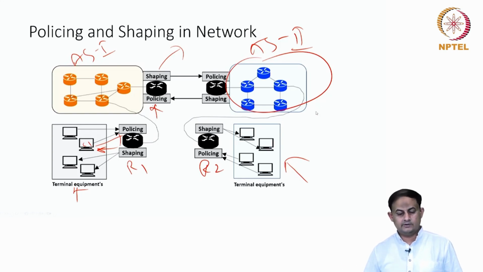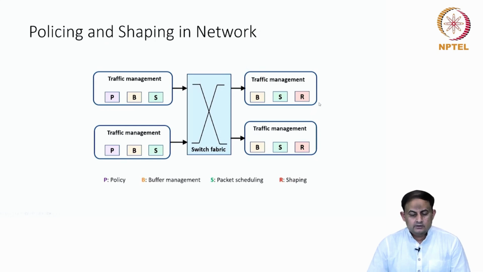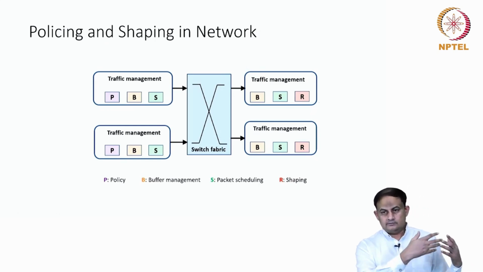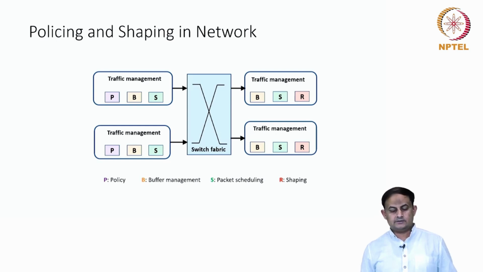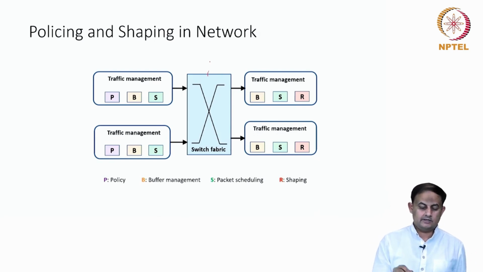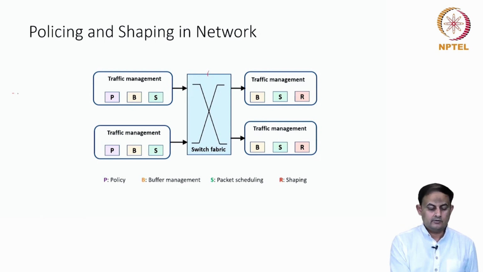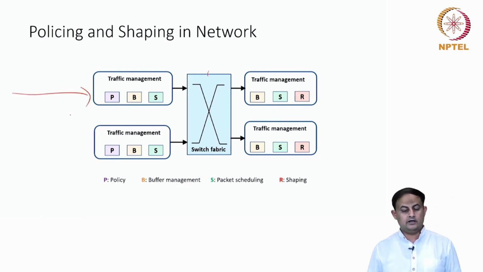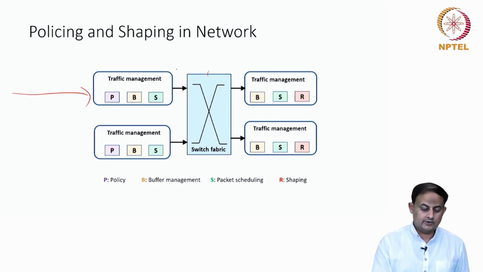The third one is scheduling. Here is another picture. If you recollect our previous lecture, any router in the network has line cards and a switch fabric. The packets arrive at a line card on a particular port.